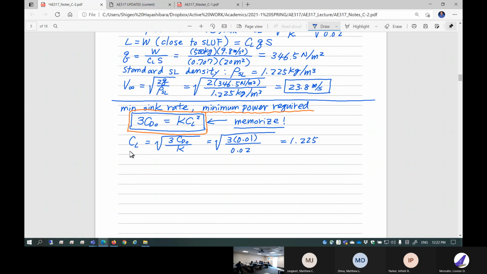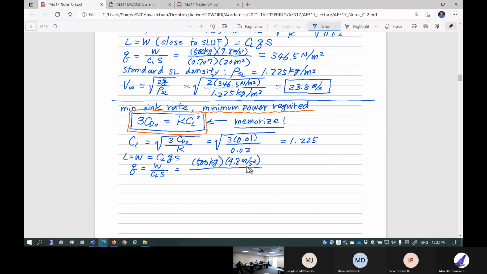Now once again, we are going to assume lift equal to weight, which is equal to CL times Q times area S. And then from here, you can determine dynamic pressure Q is equal to W over CLS, right? Weight is 500 kilogram times 9.8 meters per second square.